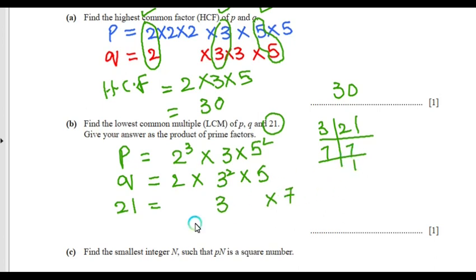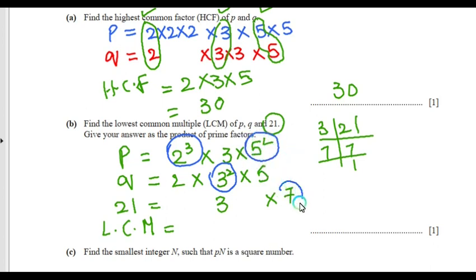Now the LCM will be found by taking the largest power in each category. 2 cubed is the largest one, and in 3 the largest power is this 3 square, and in 5 you can see the largest power is this, and in 7 only 7 is present, so that's taken as the largest power.